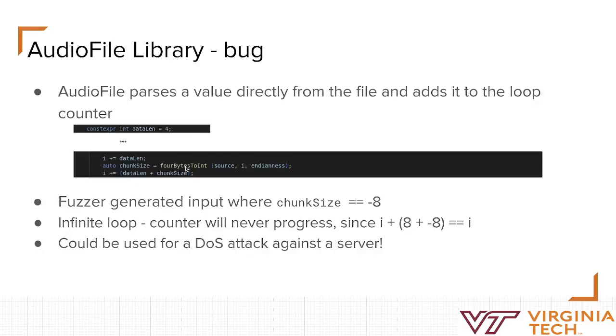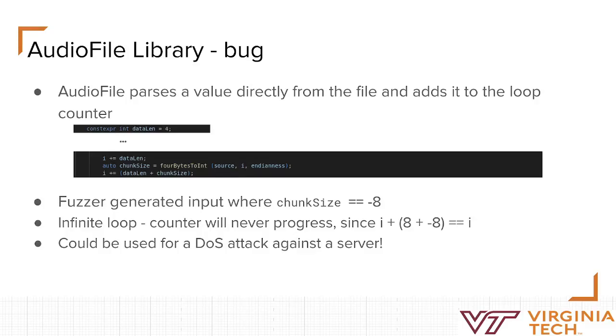So when it parses this chunk size, it gets that value and then adds 2 times data length, which is 8, plus that value it parsed to the loop counter. The fuzzer generated an input where chunk size is -8. And so, of course, that means it's adding 0 to the loop counter, which puts the program into an infinite loop.